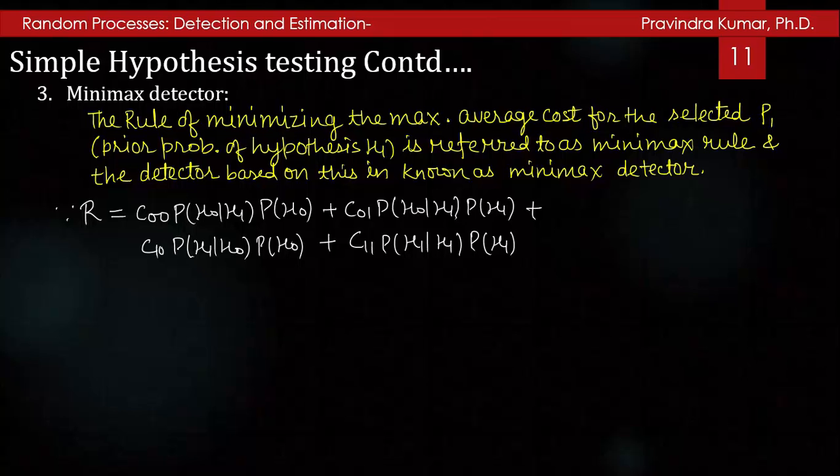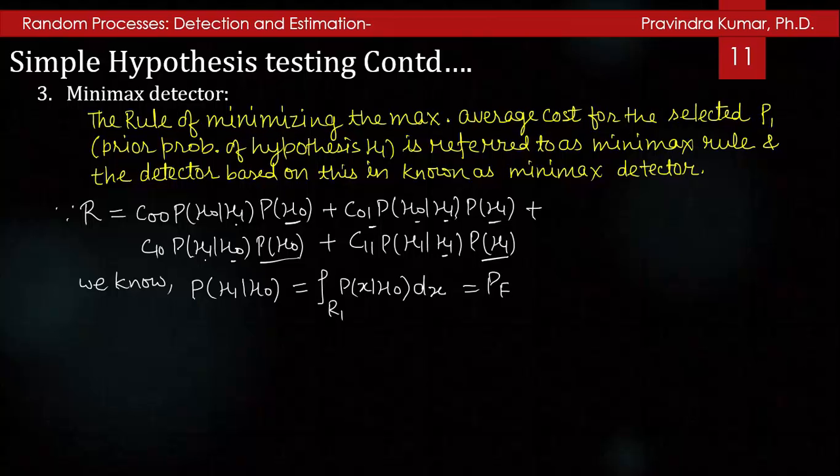You know, the Bayes risk is C00 P(H0 given H0) P(H0) plus C01 P(H0 when H1 is given) P(H1) plus C10 P(H1 when H0 is given) P(H0) plus C11 P(H1 given H1) P(H1).